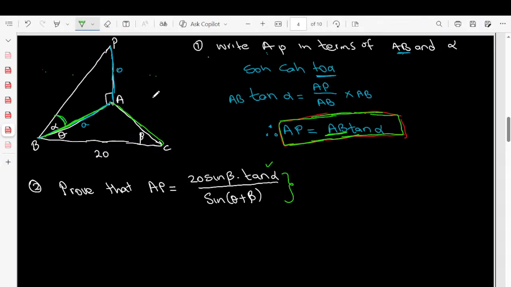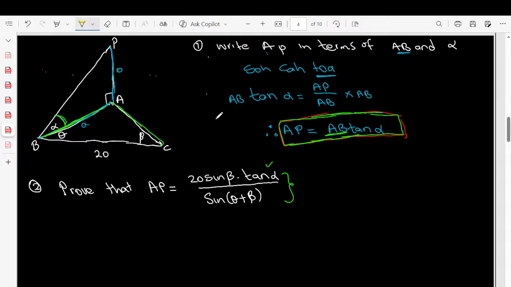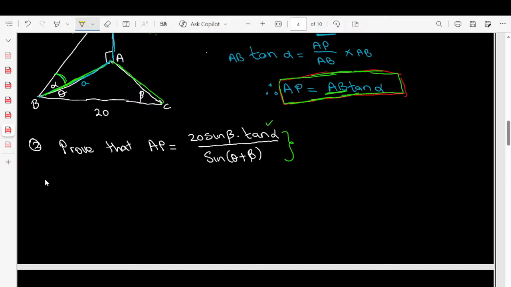okay. In triangle ABC, we are looking for AB, so I can say this is AB over the sine. Which angle are we using?